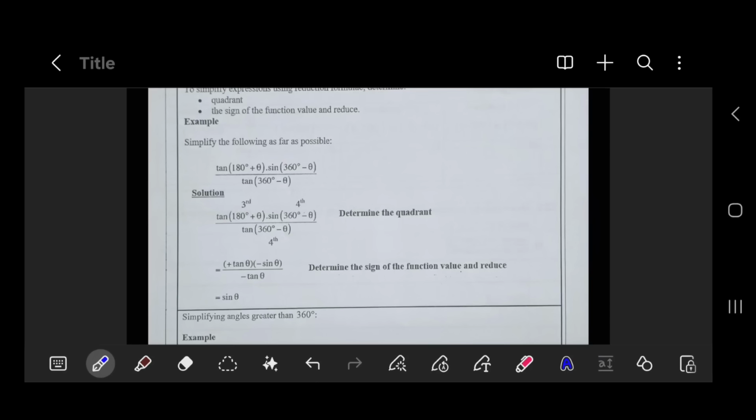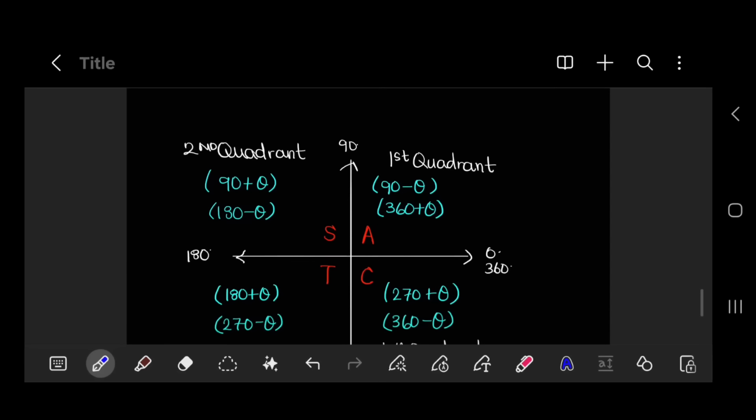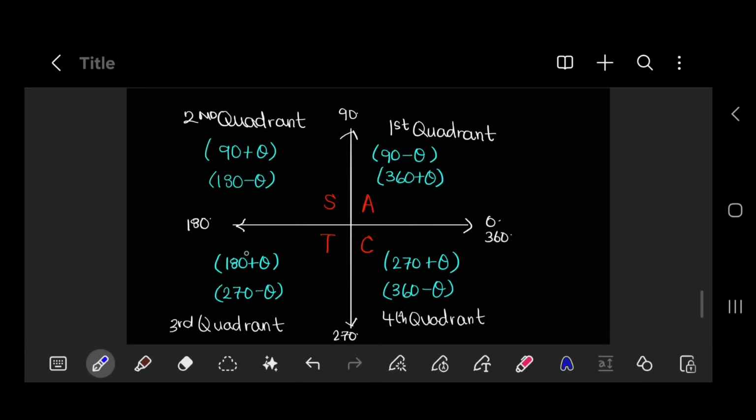Now, the first part we have is tan of 180 plus theta. And notice how in the solution, they start off by identifying which quadrant it's in. That is what you need to do. You're going to ask yourself, 180 plus theta lies in which quadrant? And according to our reduction formula, it lies in the third quadrant. In the third quadrant, tan is positive.